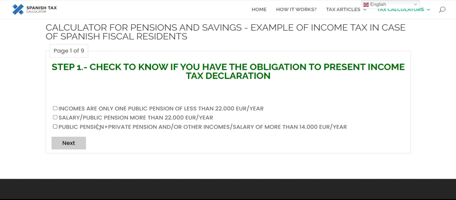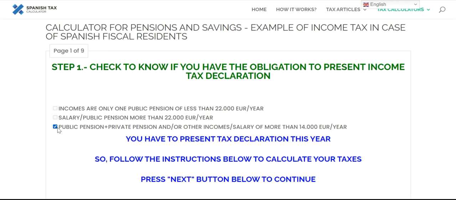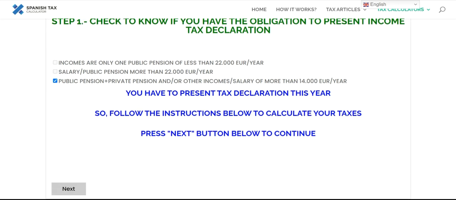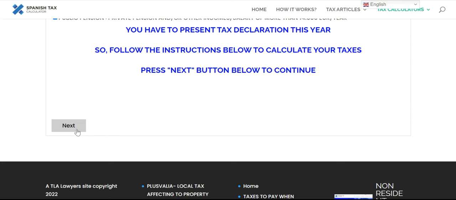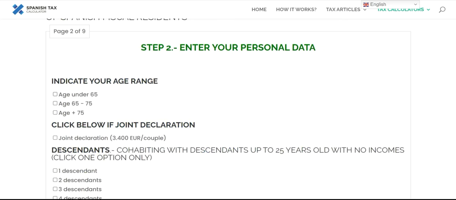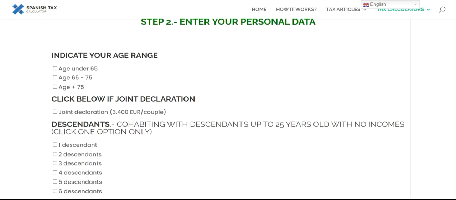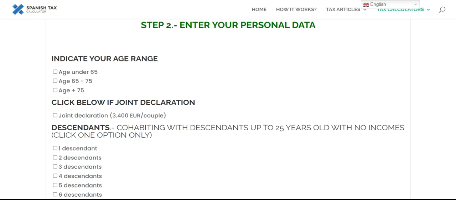For example, just a rapid example because it will be a part of another tutorial, imagine that you are receiving income of more than 14,000 euros per year, considering your personal salaries or pensions together with the rent. This is the example of the income tax for residents.